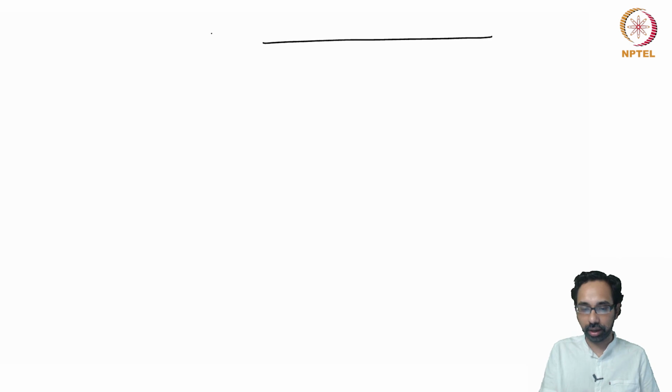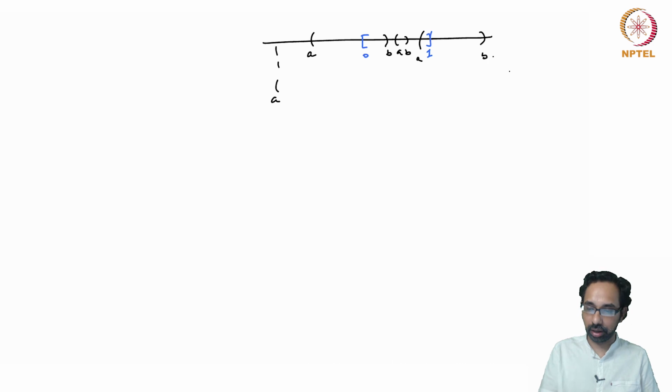So you have the real line, and you have 0, 1 here, and so the interval (a, b) can lie either like this, entirely within this interval, or it could also lie like this, or it could also lie something like this, (a, b) completely encompassing the interval [0, 1].